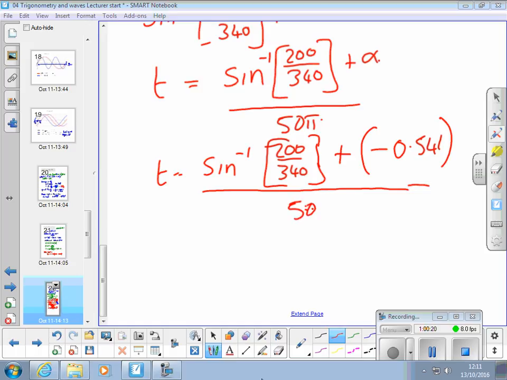Over 50 pi. I don't mind if it helps you to understand, if you'd rather put the positive sign in, but you must not drop that negative off the given angle.